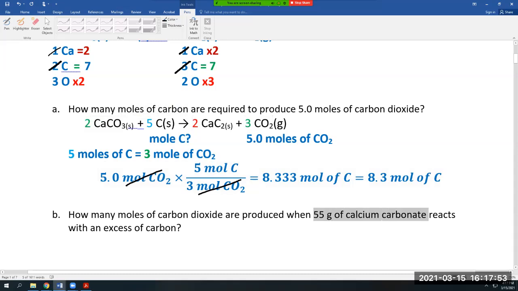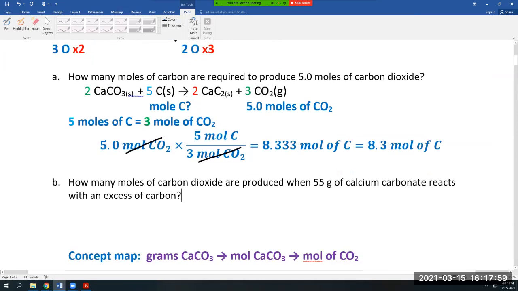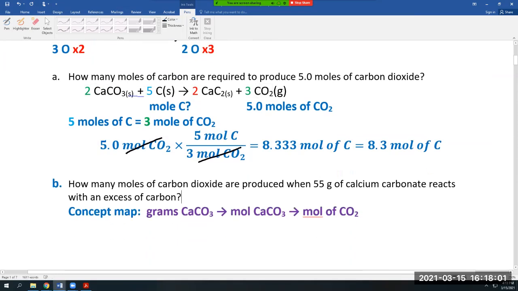And then we can change the moles of this reactant into moles of the product. So the concept map will look like this. We have grams of CaCO3 that is given, 55 grams. We'll change that to moles of CaCO3, and then we can change that to moles of CO2 that is produced using the coefficient from this equation.